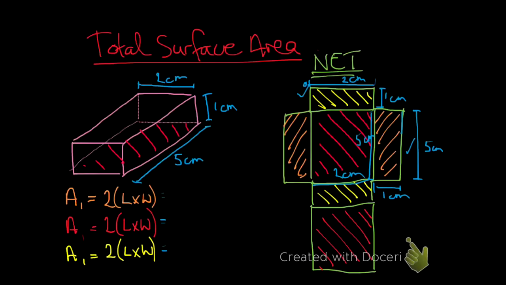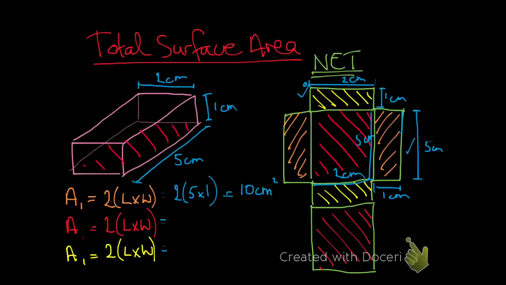So let's start by substituting in our values. For the orange rectangles, we've got a length of 5 and a width of 1. So we have 5 times 1, which is 5, times 2, so that's going to give us 10 centimeters squared. Okay, so that's for our orange.